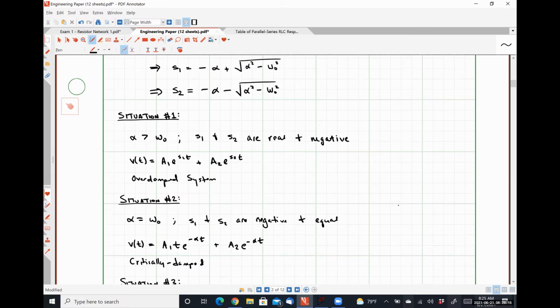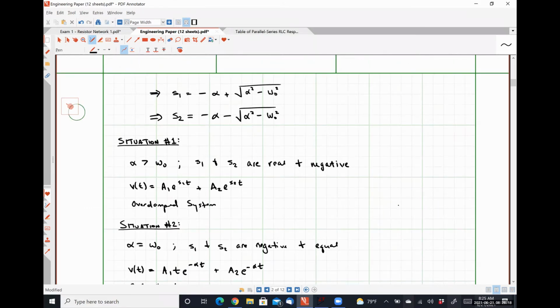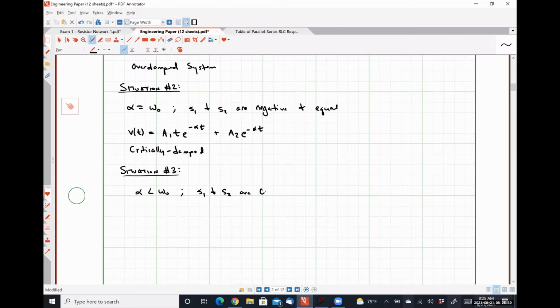If we look up here, if alpha is less than omega naught, then we're going to have some real part plus some square root of a negative number, which gives us an imaginary part, right? So we're going to have the same real part, and then the imaginary part is going to have opposite signs, giving us complex conjugates.